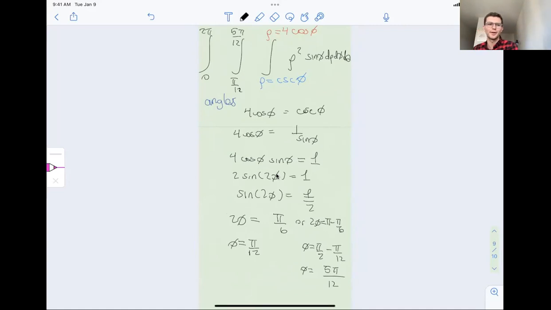So that was not too bad. Actually, if you're having trouble with these bounds, you'll have more trouble doing d phi d rho. We're never going to use d phi d rho. We're never going to switch the order for sphericals. It is a lot more complicated with d phi d rho.